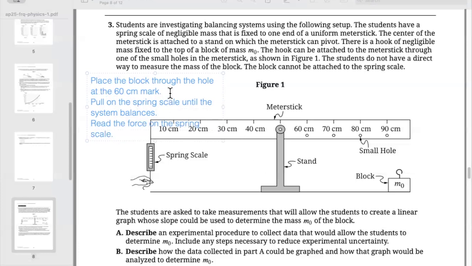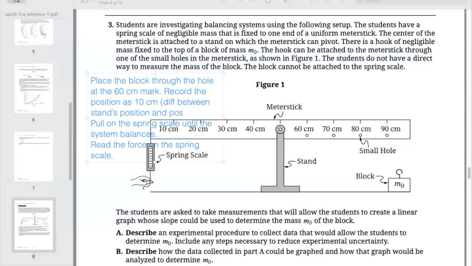Actually, sorry, after you place the block through the hole at the 60 centimeter mark, you have to record the position as 10 centimeters because it's the difference between the stand position and the block. Torque is directly proportional to distance from the pivot point, not the position of the block.